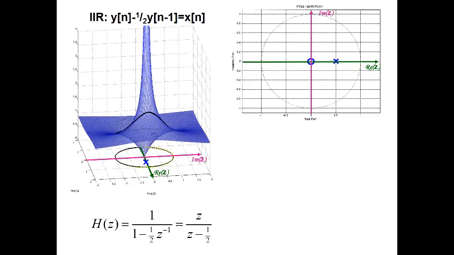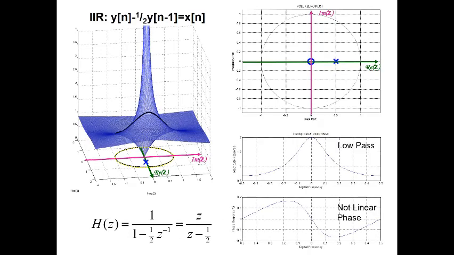And so here's the pole-zero diagram for the filter we were trying to solve our little steady state response problem for. It was y of n minus 1/2 y of n minus 1 equals x of n, which has this H of z that has a zero at z equals 0 and a pole at z equals plus 1/2.